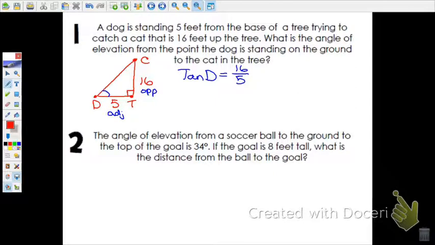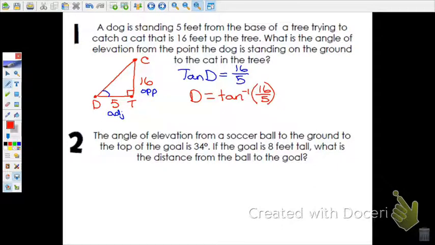Need to know that. You can see that from your notes. But if you need to write that more clearly at the top of that page from yesterday, when we're looking for an angle, we use inverse tangent. So D equals the inverse tangent of 16 over 5. Now that is ready for your calculator. Second tangent, 16 divided by 5.